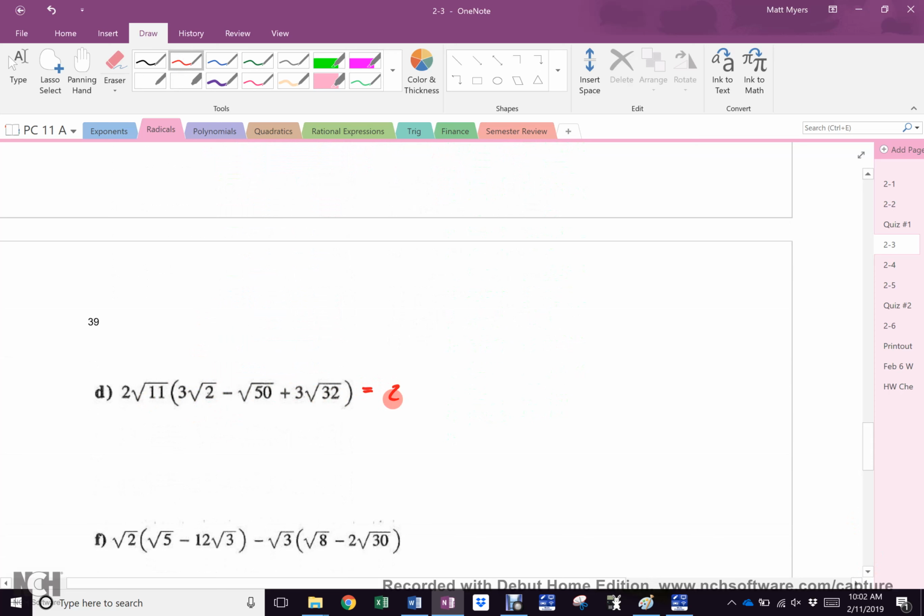That becomes 2 root 11 times 3 root 2 minus 5 root 2 plus 16 times 2 plus 12 root 2. Then, of course, you simplify in there. 2 root 11 times negative 2 root 2 plus 12 root 2, 10 root 2, which gets you 20 root 22. And that's where you stop, because that's 2 times 11.